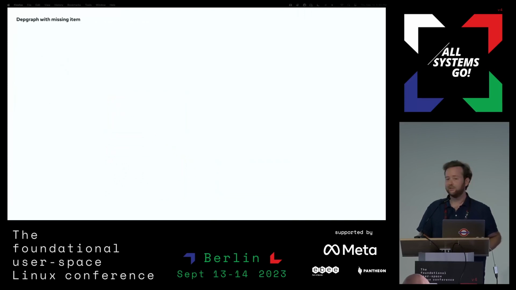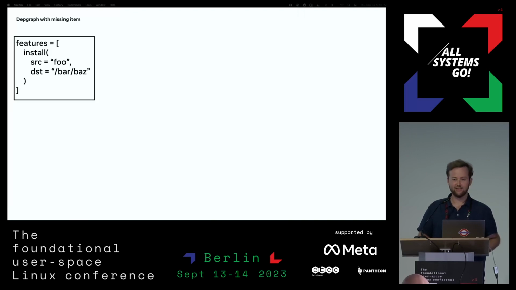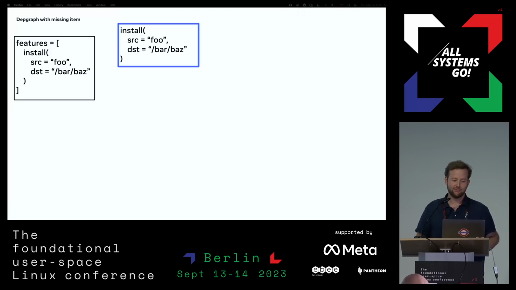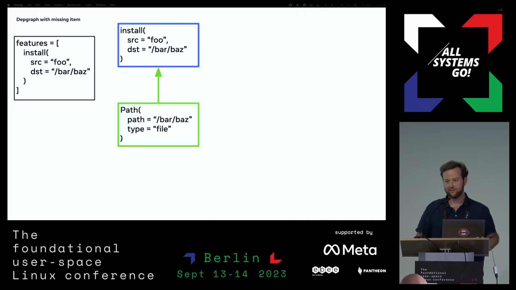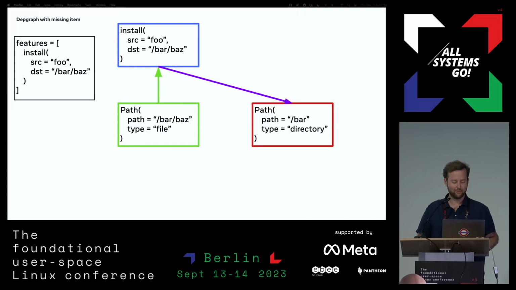But it's also interesting to see what this looks like if you have something that's wrong, because good error messages are important. So it starts out the same, kind of. I'm trying to install a file, but I don't create the directory that it's going into. So I add the install feature. It provides this path.